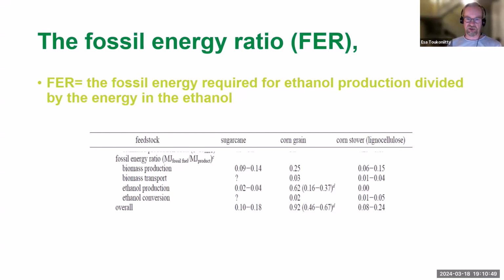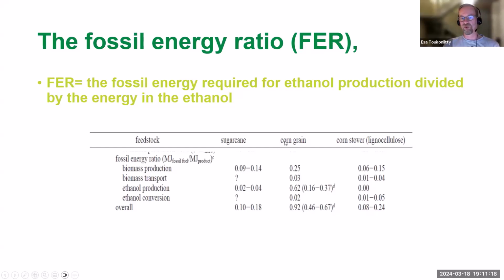But these numbers are telling that, if you look at the lowermost numbers here, at least ethanol based on sugarcane and on lignocellulose corn stover, we gain net energy, and it makes sense to produce these.